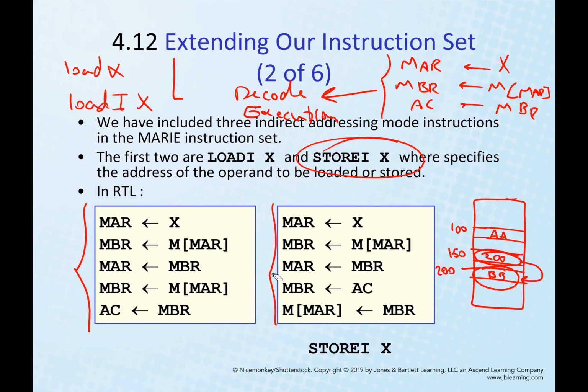So if we look more closely at store IX, we see that the address moves to MAR. The content of MAR, which is the location of the address, will be moved to MBR. MBR again moves to MAR, and this time the accumulator, which is data, will be moved to MBR, and MBR will be placed in the memory location of MAR.